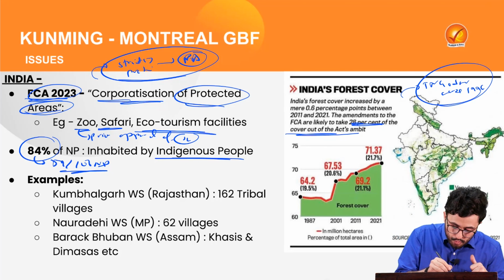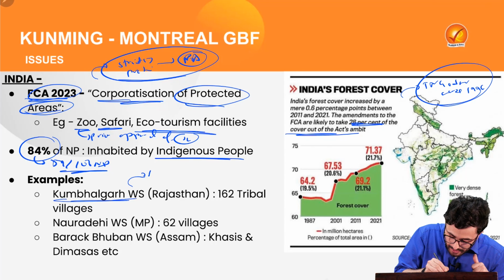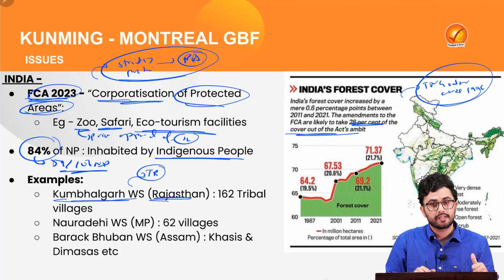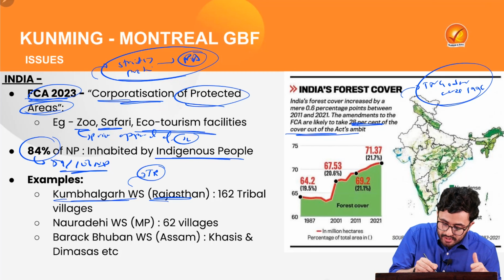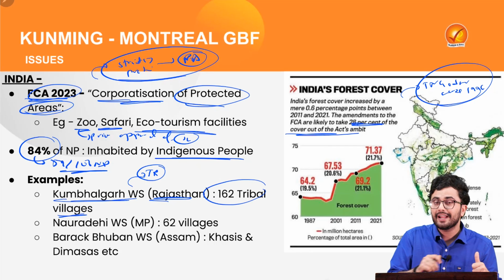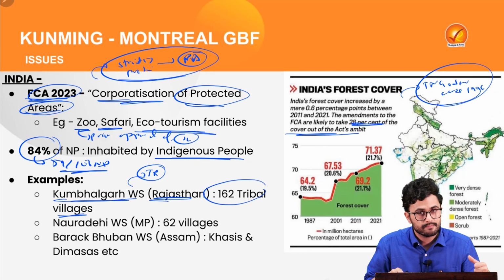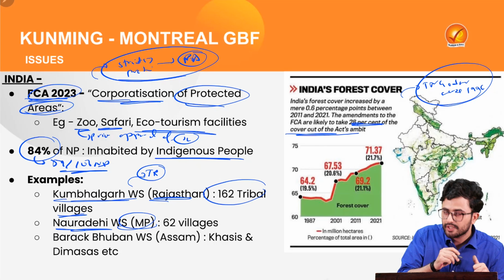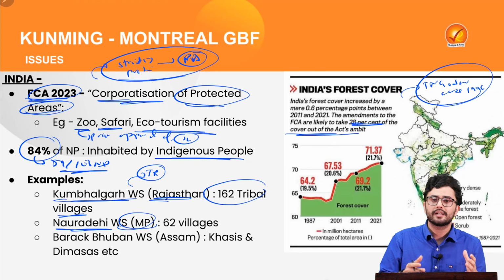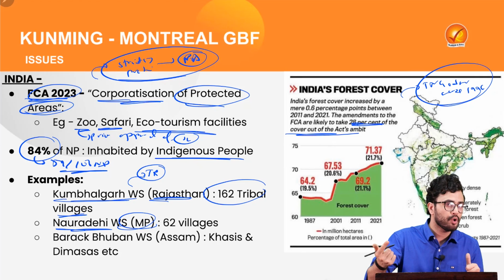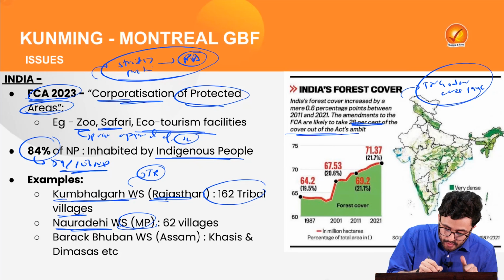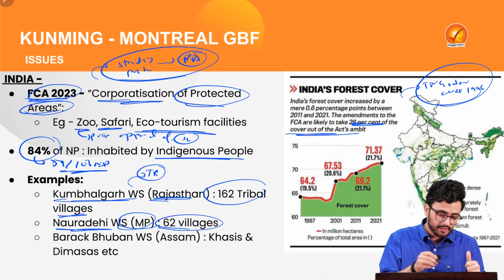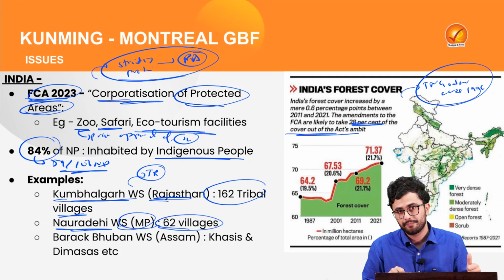For example, converting the Kumbhalgarh Wildlife Sanctuary in Rajasthan into a tiger reserve will lead to the destruction of 162 tribal villages. Similarly, the expansion of Nauradehi Wildlife Sanctuary in Madhya Pradesh, which was selected as the site for the reintroduction of cheetahs, can lead to the destruction of 62 villages within its vicinity.